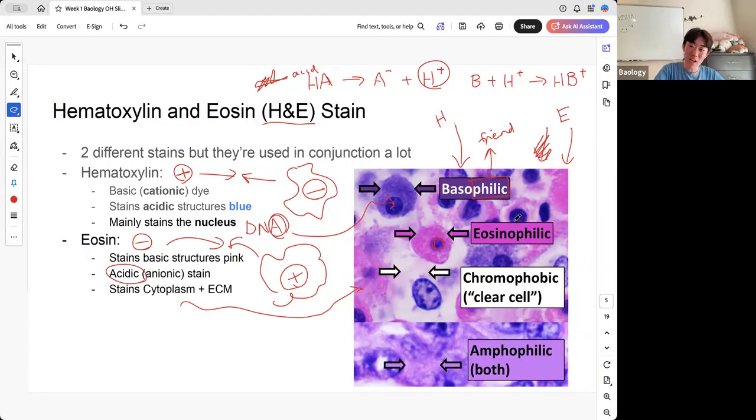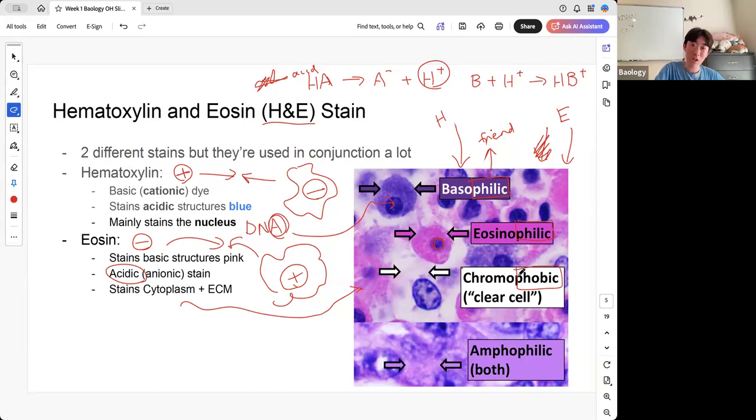On the other hand, eosinophilic, I guess they just gave up on the naming convention because it just means friend of eosin. So the eosin goes there and then it becomes pink. Then we have chromophobic, where phobic means scared, and chromo just means color.